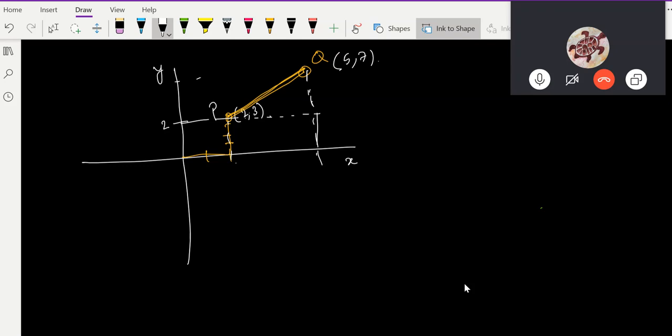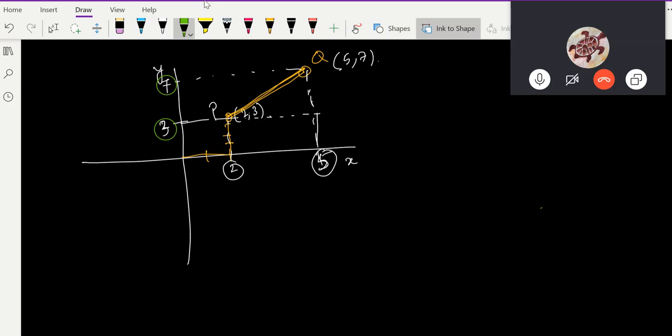So this would be 5. I'm sorry, this would be 7. This is 3, sorry, this is 3, which is the y coordinate, and this would be 2, and this would be 5. So these are the two x coordinates of the 2 points, and these are the two y coordinates of the 2 points.